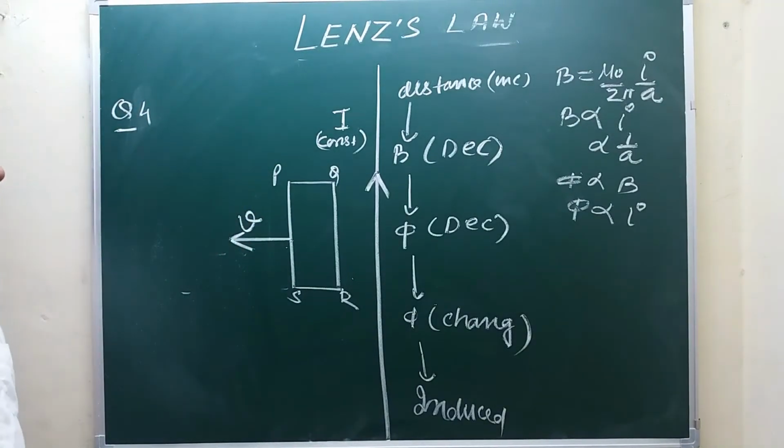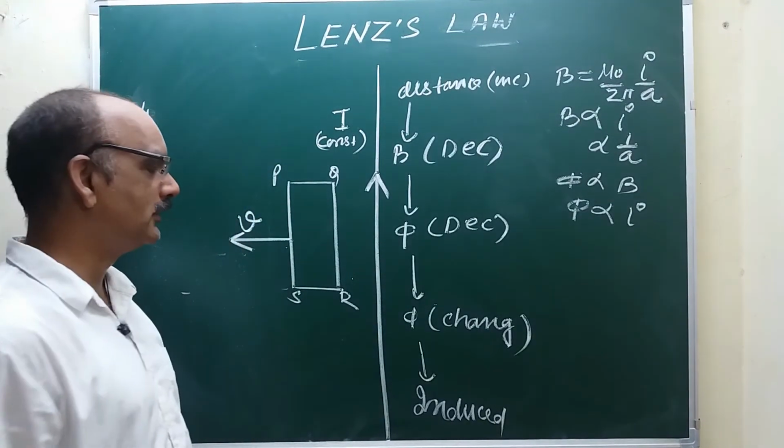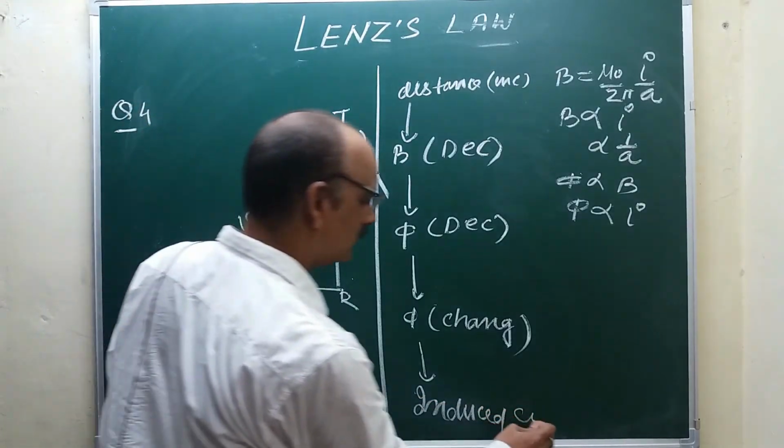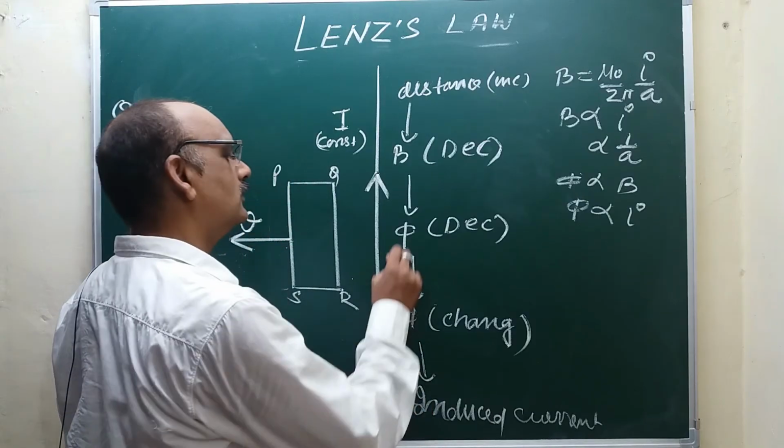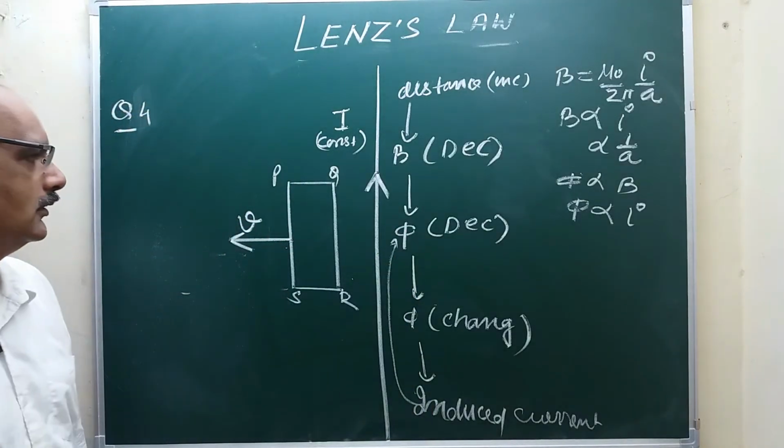The direction of induced current will be such that it will oppose the cause which has produced it. That is, induced current will oppose the decrease in flux.